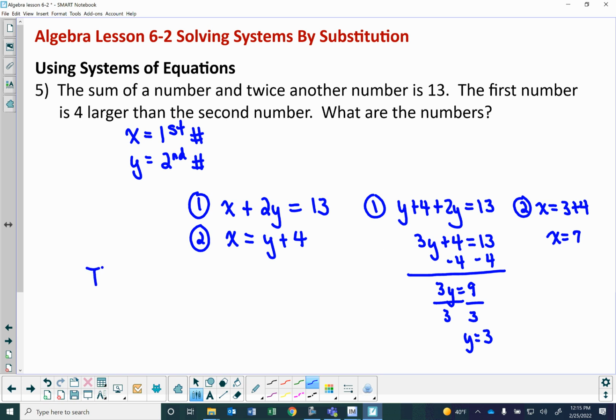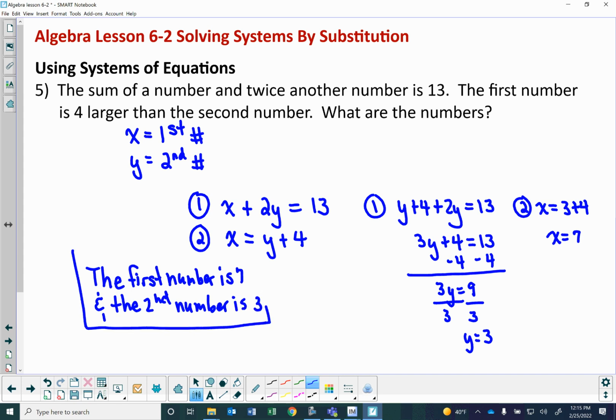So the answer would be the first number is 7 and the second number is 3. It's a real world problem, so you have to answer it in a sentence, interpreting what the coordinate point stood for. Always important to do that.